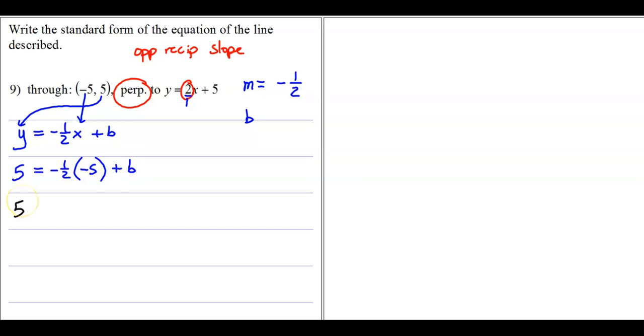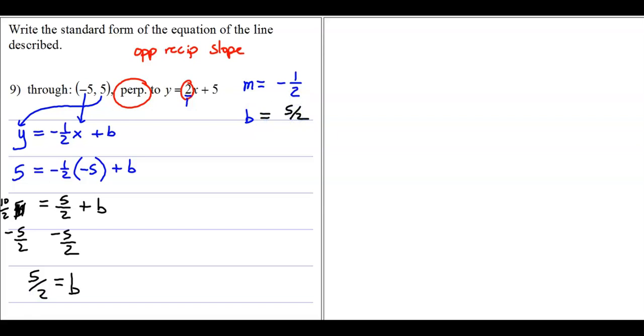This is 5 equals, that's a positive 5/2 plus b. And minus 5/2 minus 5/2. I strongly suggest some of you guys use your calculator on these fractions if you're battling. Doing it by hand, 5 is really the same thing as 10 over 2. So 10/2 minus 5/2 gives me an answer of 5/2.